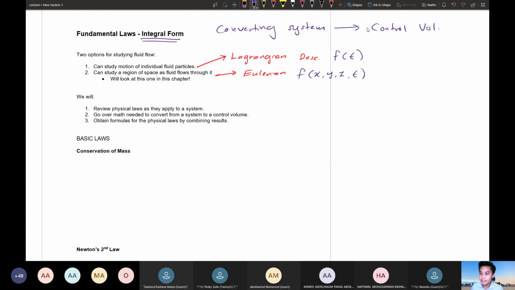Normally we learn about the basic laws, for example the conservation of mass that we learned previously. So what is the conservation of mass?